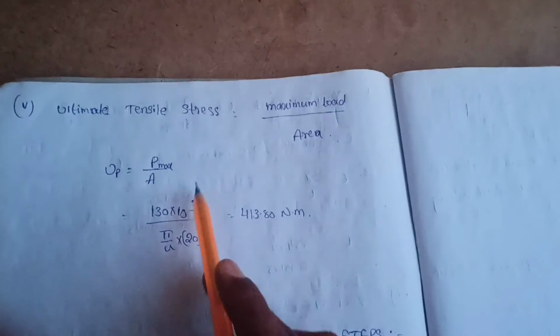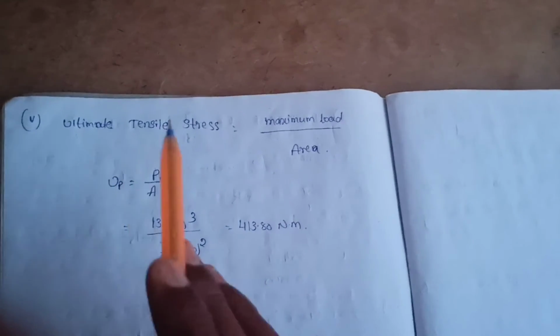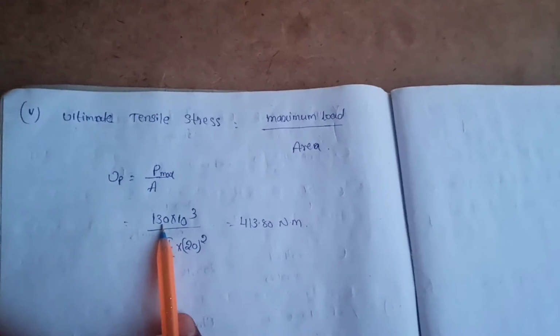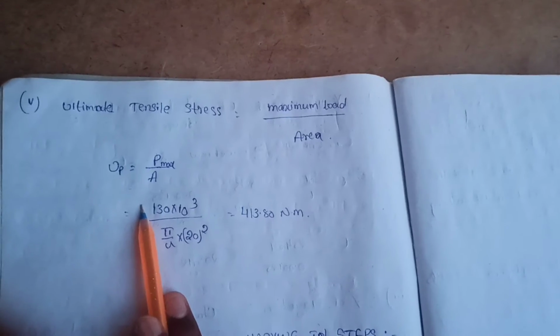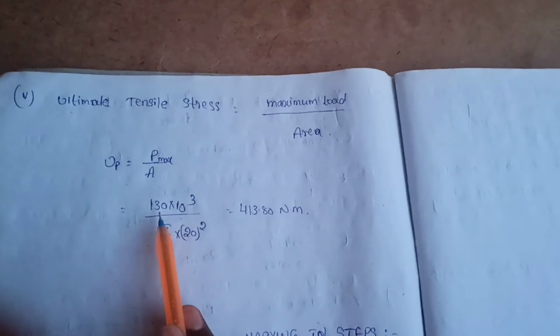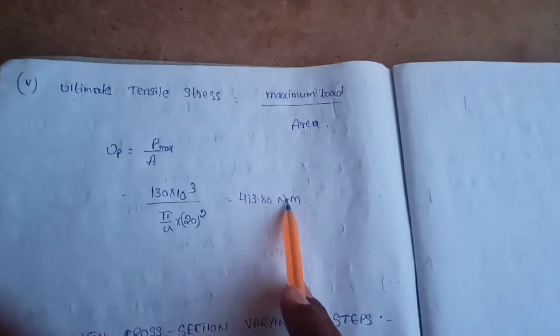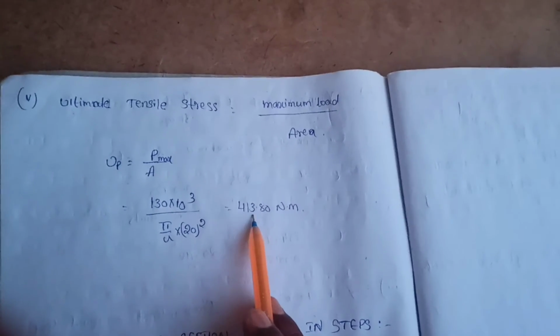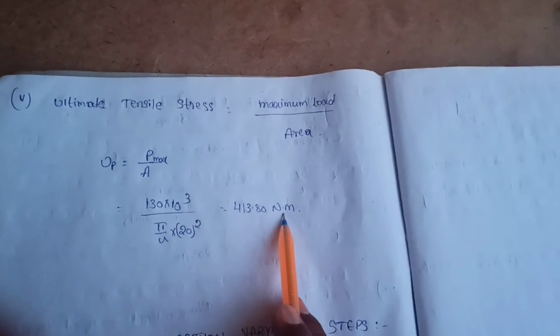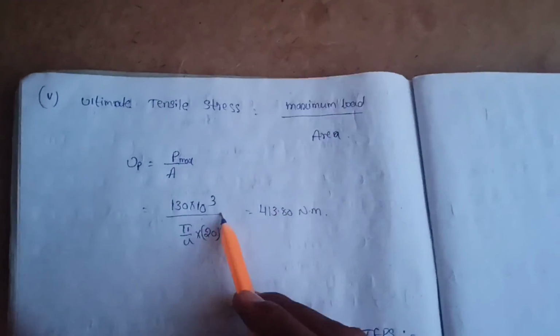See the formula, P max by A. P max is what they gave in the question, ultimate load 130 in terms of kilonewtons. Now we want to convert into newtons. 130 into 10 cube by pi by 4 into d square. D is the original diameter. So we get this ultimate tensile stress as 413.80 Newton meter. By using a Casio calculator we add this and get 413.80.